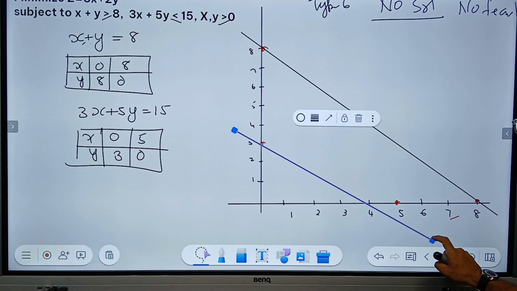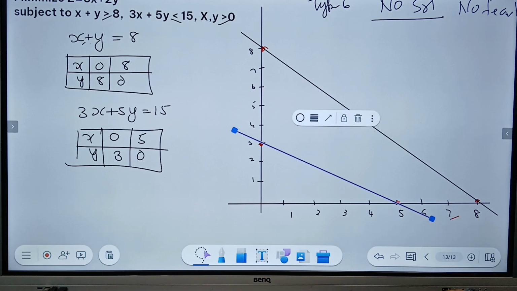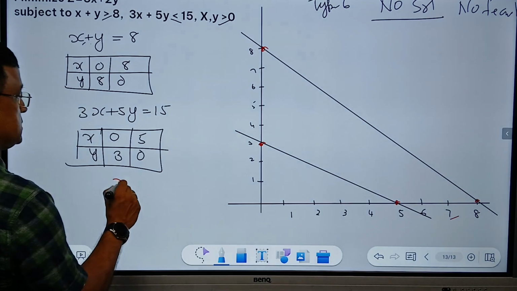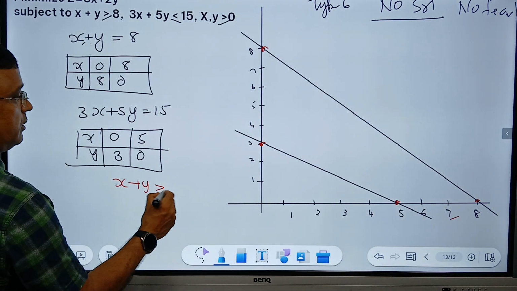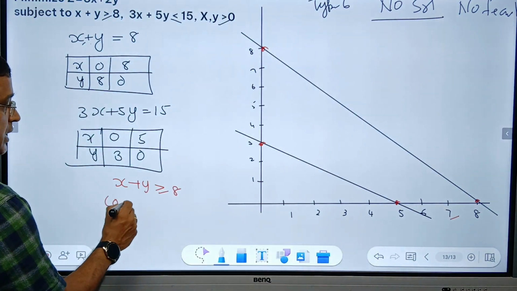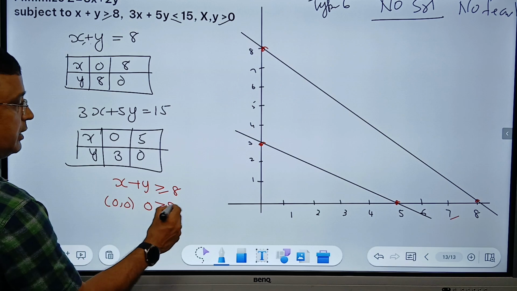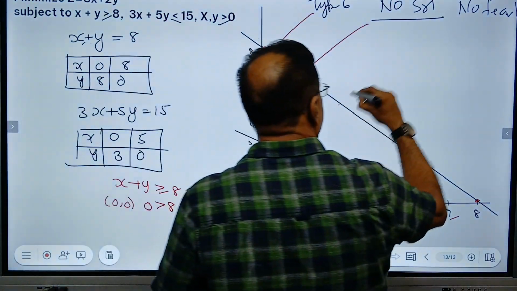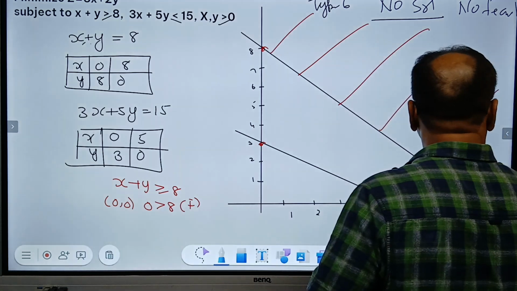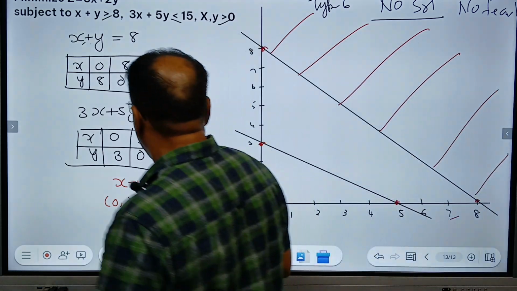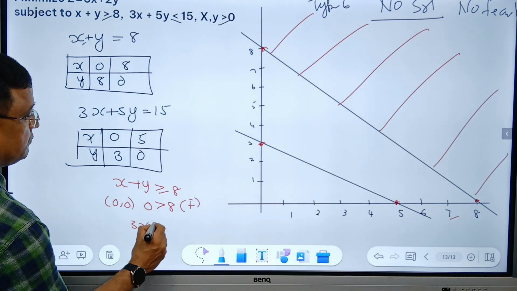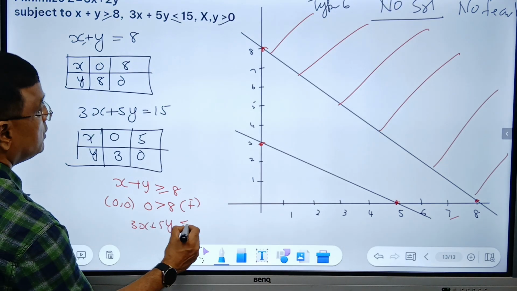I have plotted it. Now it's time to shade. The first one is x plus y greater than or equal to 8. Substitute origin as usual. 0 greater than 8 is false. So it is away from origin. Now 3x plus 5y less than or equal to 15.